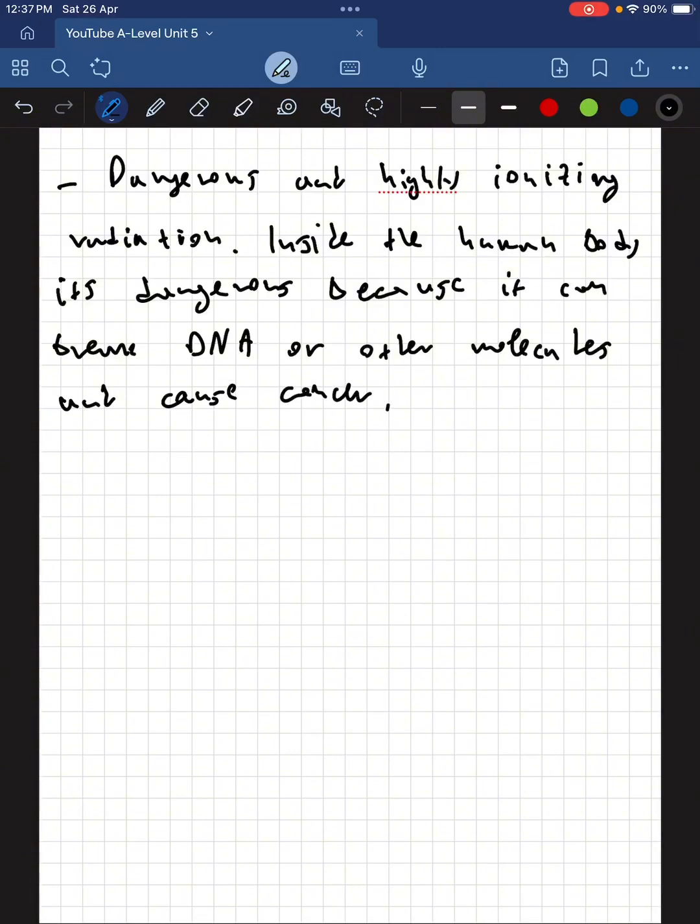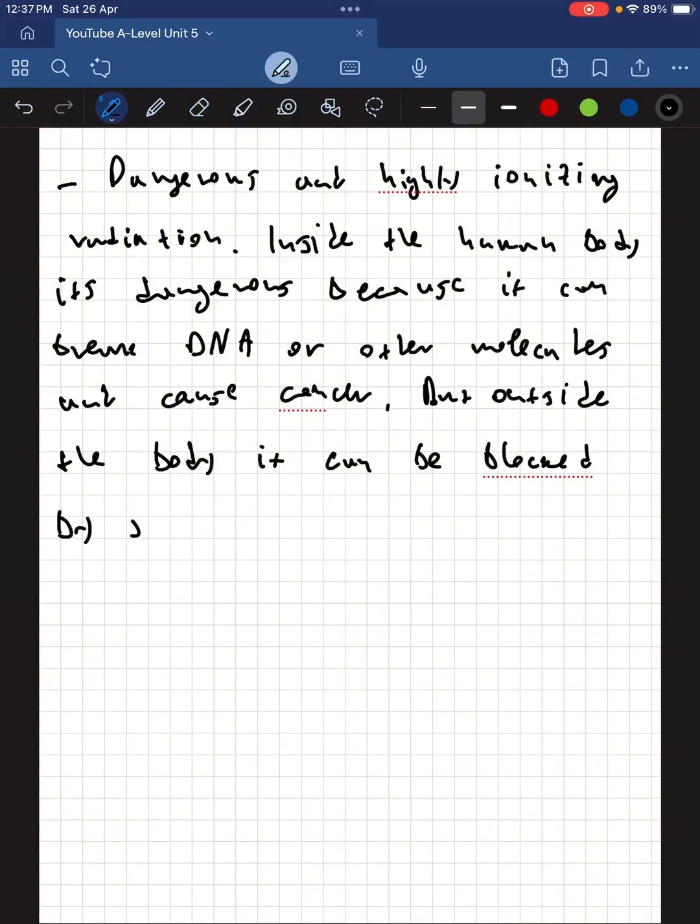Okay, but outside the body, it can be blocked by skin or a thin paper. Okay, this is because it's heavy, and it also has a large amount of charge, so it can easily be stopped by atomic electrons inside material, pretty much.